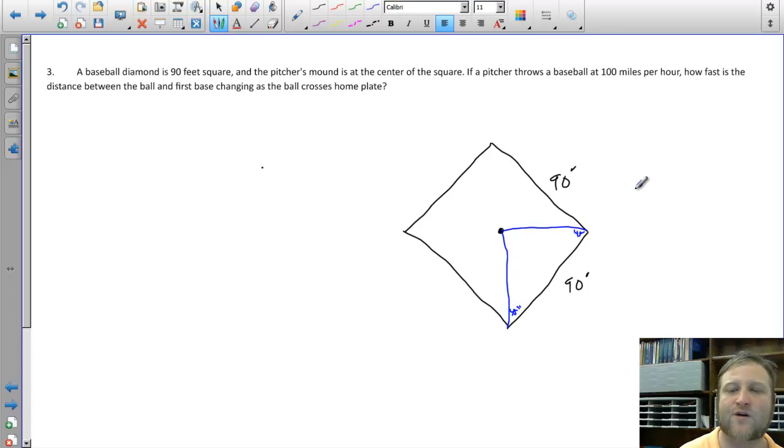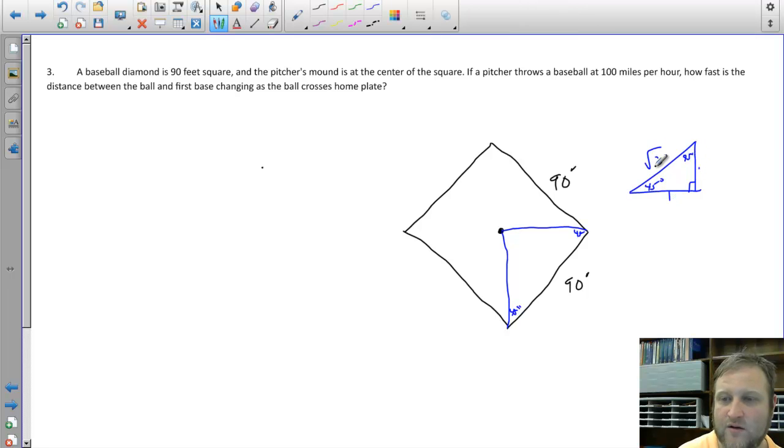So with a 45, 45, 90, we should all recognize that we have a very neat relationship: the sides will always be 1, 1, square root of 2. So if we know this value is going to be 90, this value will also be 90 over square root of 2, and this value will also be 90 over square root of 2. So that's what this relationship is.